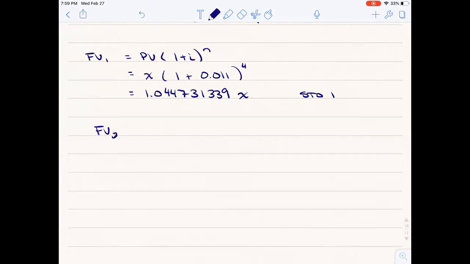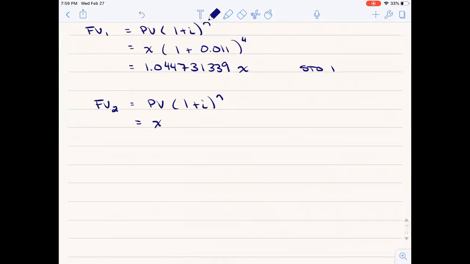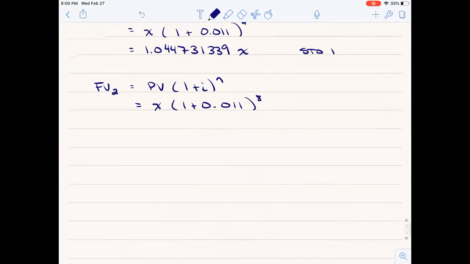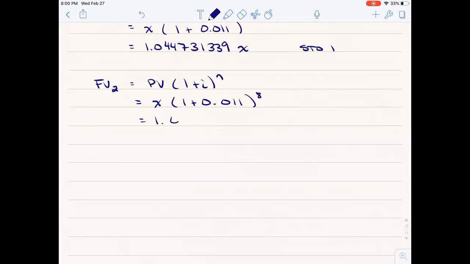Future value 2 is still the present value times 1 plus I to the power of n. Present value is still x, and I is still 0.011. N now is 8. 1.011 to the power of 8 is 1.0914637 times x. Before I forget, I'll store that in 2.